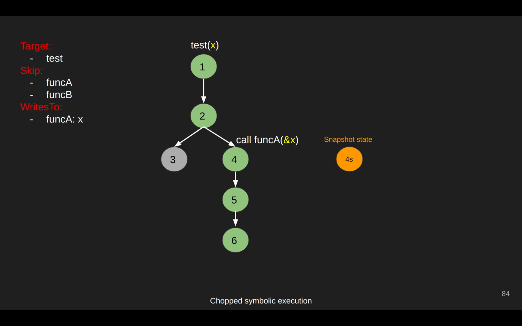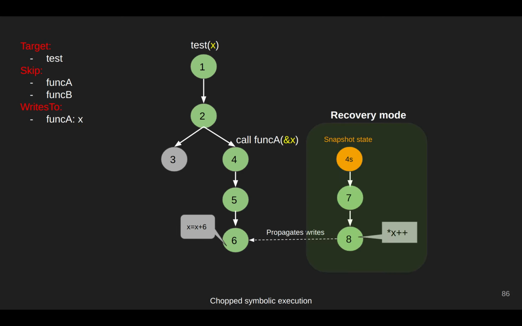For now, you continue without constraints. Then in state 6, you have a reference to X that depends on a previous value of X. So now you need to see what function A did, because it took a reference to X and it might have changed the value of X. Then you propagate that change back to where you were. But if it doesn't, then you don't care, you just continue executing.